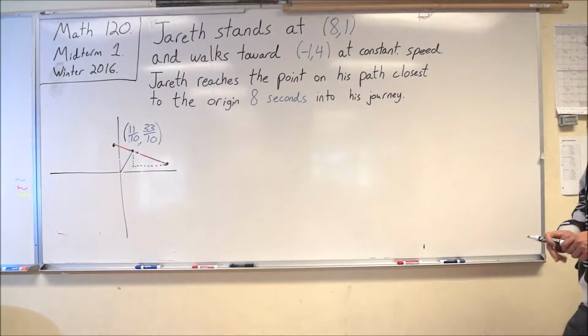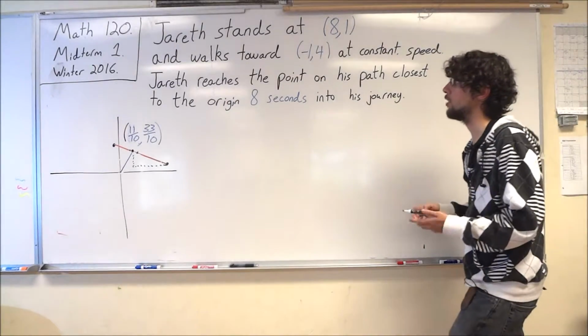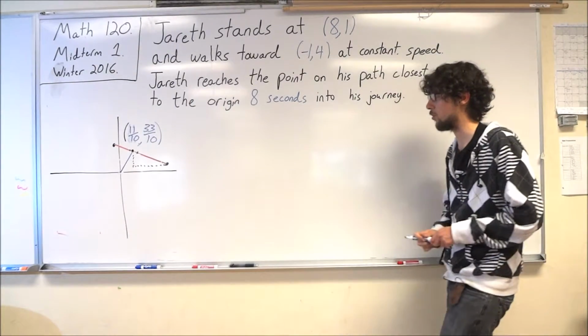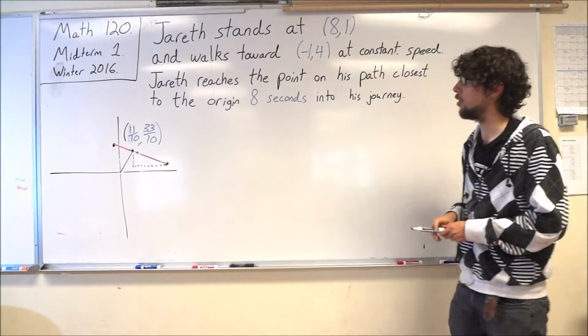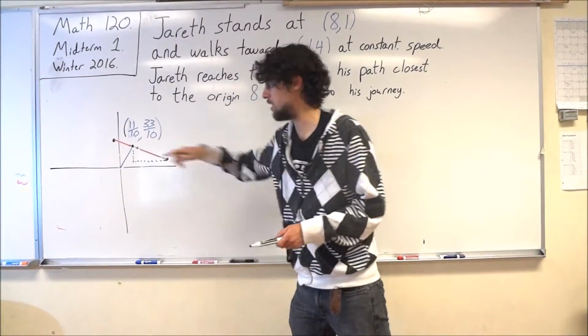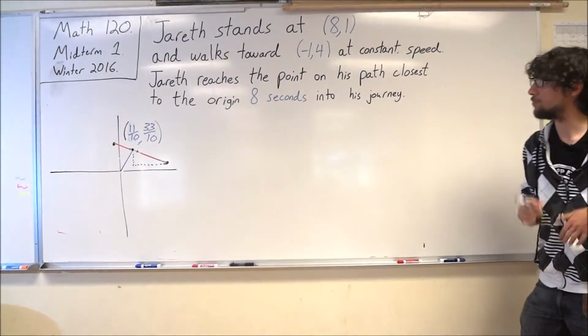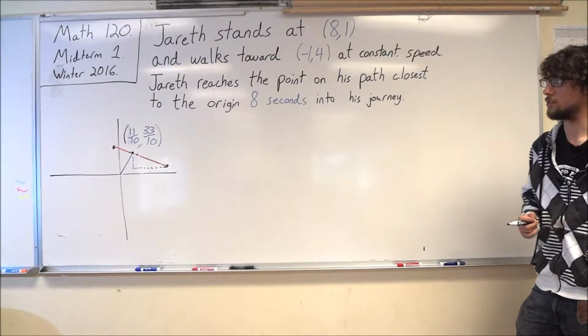Okay, going back to finding the parametric equations, this is really one of the biggest new ideas in a pre-calculus course. We have where Jareth is at time 0 and where Jareth is at time t equals 8. We want the parametric equations for Jareth's coordinates.